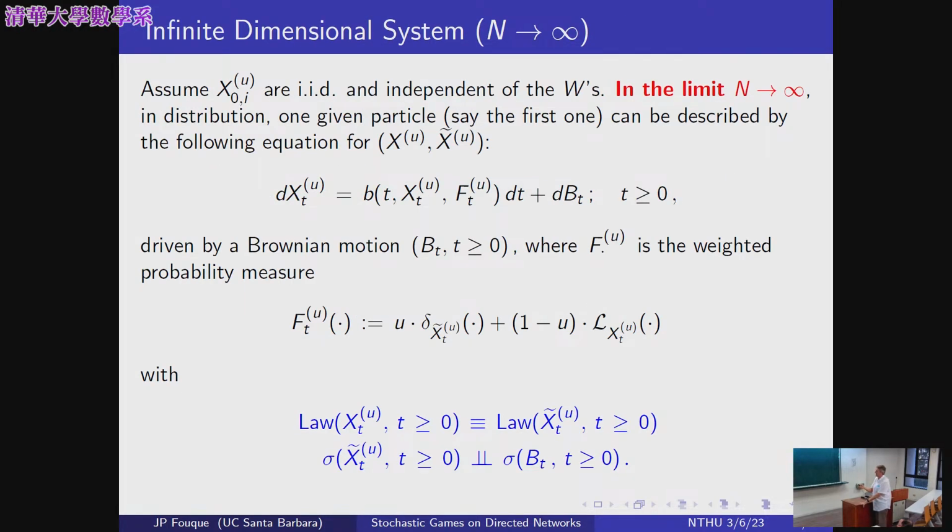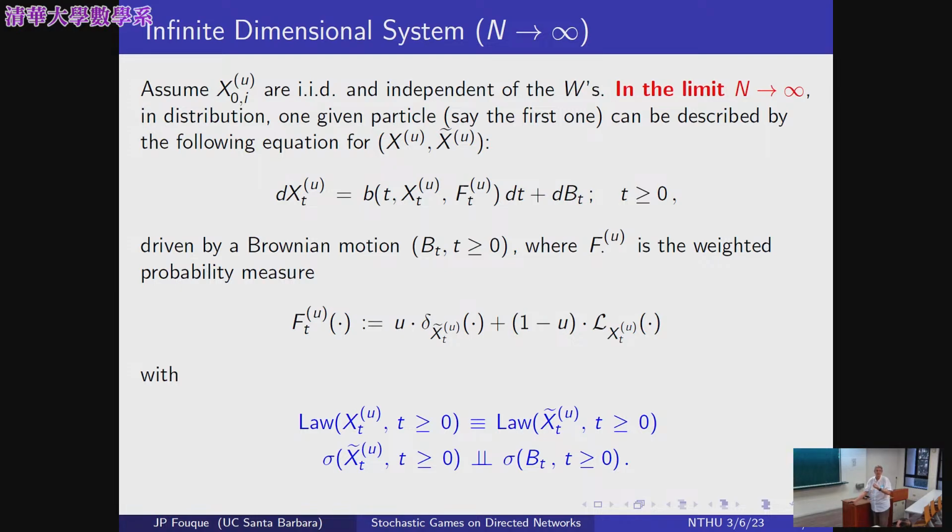So this is exactly what we describe by this law of X. So you have to think about this SDE as a limiting distribution of one agent when n goes to infinity. If it's fully connected, you have only the law of the agent. That's called McKean-Vlasov. It's a mean field limit.